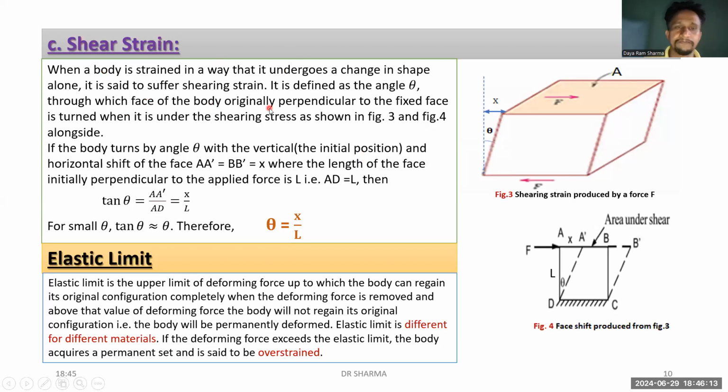Shearing strain. Shearing strain is defined as the angle through which the body is deflected by the application of deforming force.